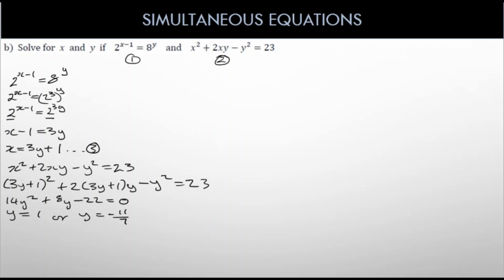And if y is equal to 1, then x is equal to 4, and if y is equal to negative 11 over 7, then x is equal to negative 26 over 7. And that's it from my part with the algebra.